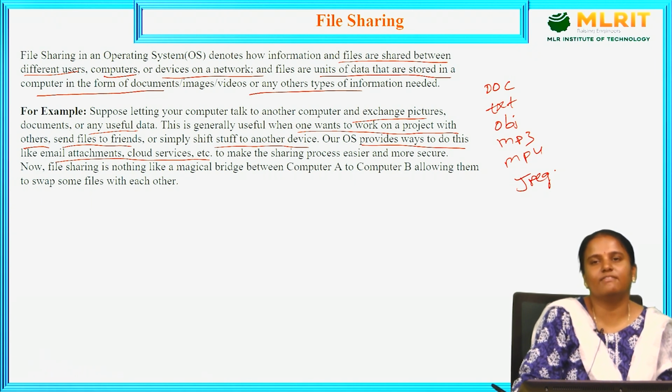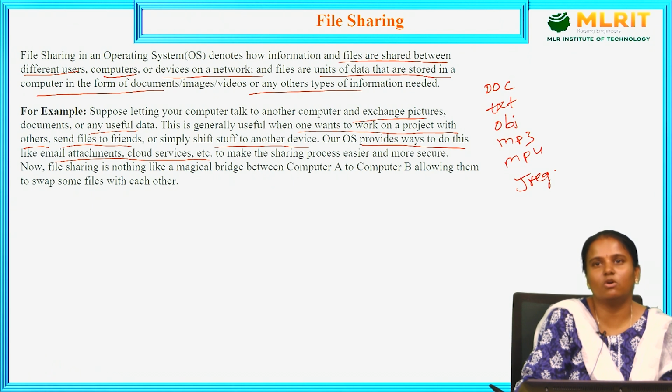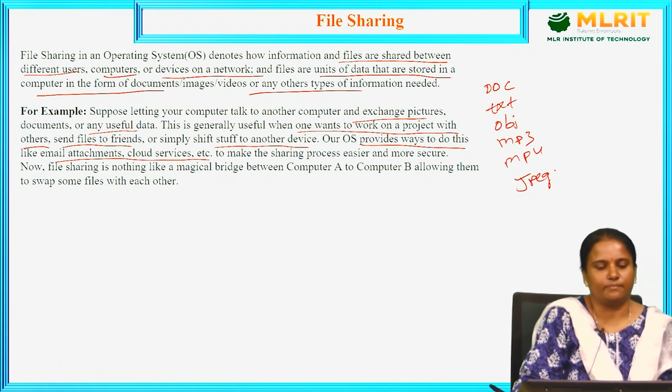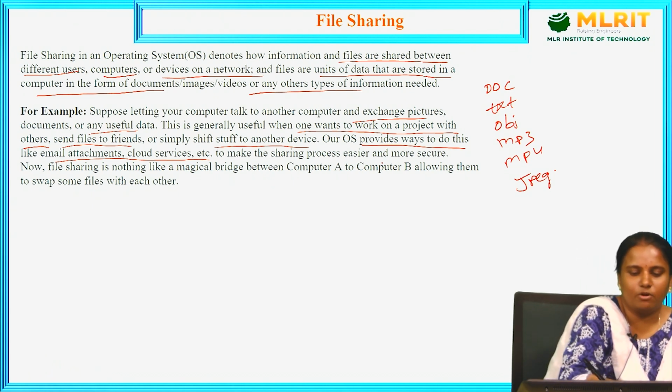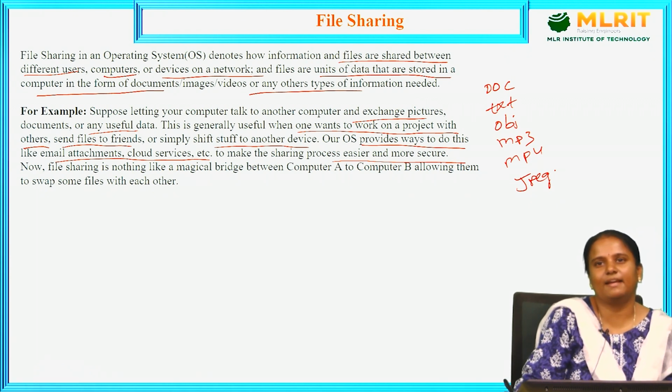Cloud services are of different types, such as PaaS and SaaS. Based on the cloud service, the project information or required data can be shared from one user to another, making the sharing process easier and more secure.